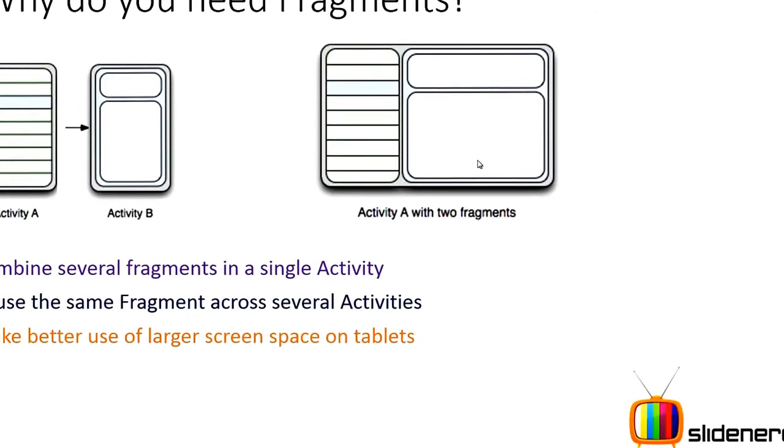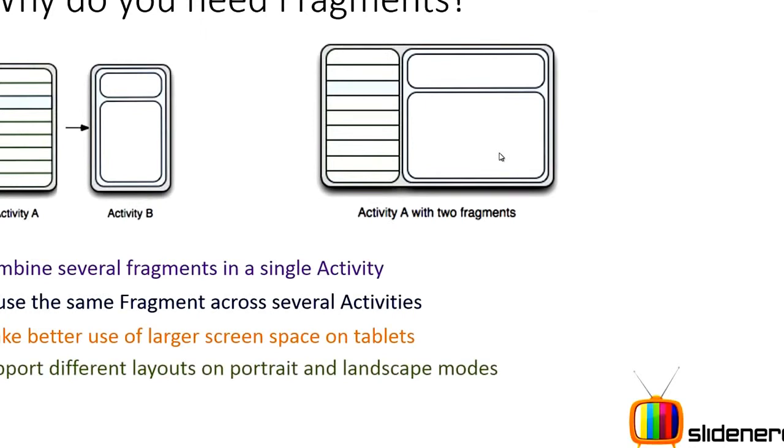Make better use of space on tablets. Traditionally, a tablet has a lot of screen space, and as you add activities, they feel kind of blank when they have nothing more. But using fragments, you can have several fragments within the same activity, and that gives the user or you a better opportunity to reuse the extra available screen space.